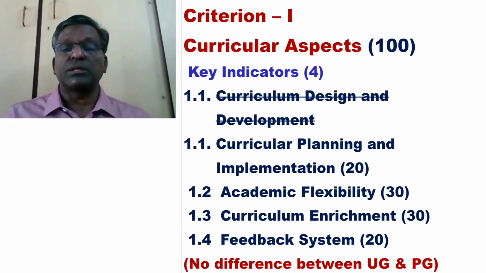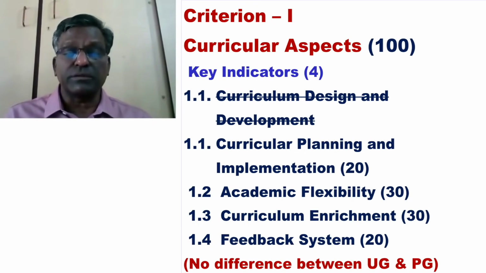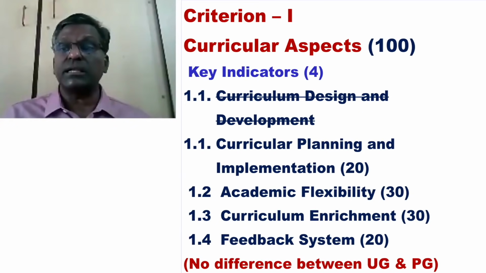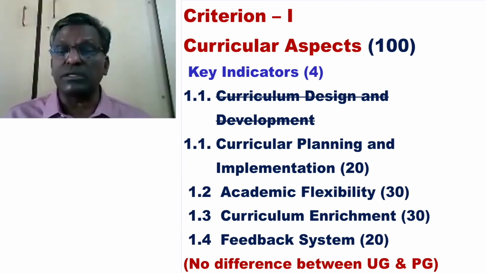So therefore, curriculum design and development has been struck off. So with reference to affiliated and constituent colleges, we have 4 key indicators with reference to criterion 1. Curricular planning and implementation, the weightage it carries is 20. Together, the first criterion has 4 key indicators and the weightage allotted is 100.